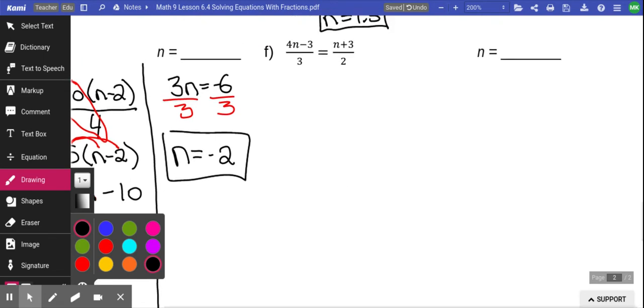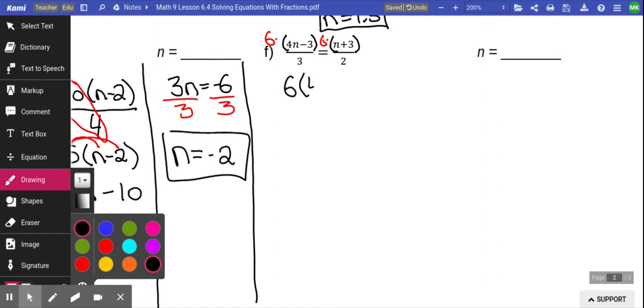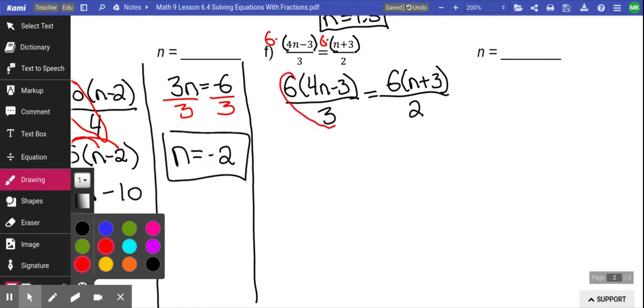Look at F, we're going to do the same thing. So I'm going to put brackets around my binomials on the top. I'm going to multiply by something that 3 and 2 can both divide into. They both can divide into 6. So this gives me 6 times 4n minus 3 over 3 equals 6 times n plus 3 over 2. I then can focus on my monomials, my numbers out front.